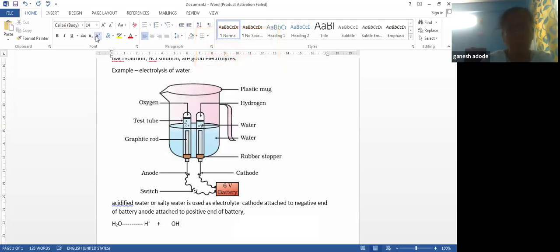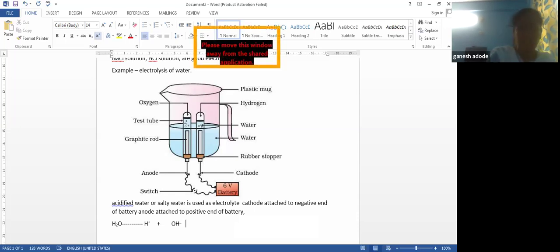There is a formation of the H plus and the OH minus ion. Have you got this one? In this way, this reaction is there for the ionization of water. It is nothing but the ionization of water.